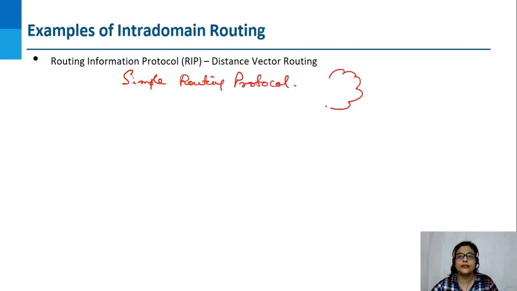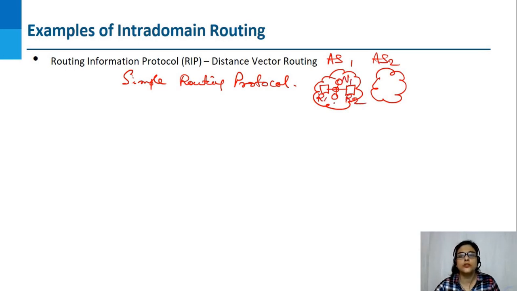And let's say there are two autonomous systems, and in order to transfer messages between the nodes of a network having the routers and other networks, it is known as intra-domain routing. And the simplest form of intra-domain routing is RIP, and this is based on distance vector routing, which we have already learned in the previous video.